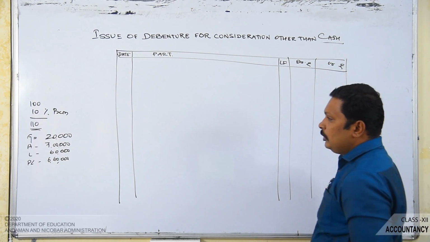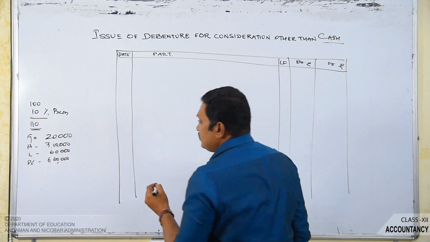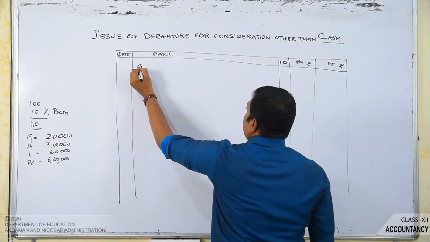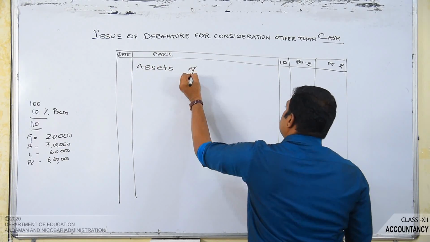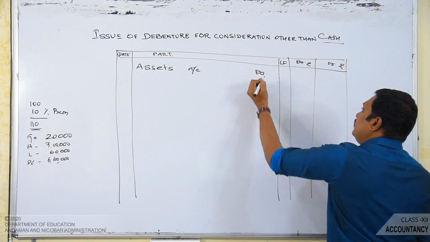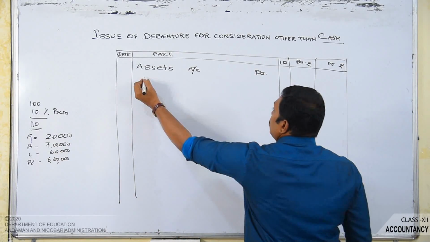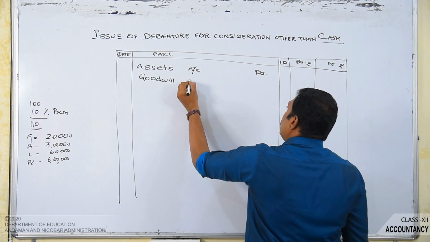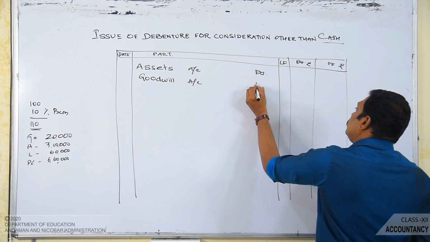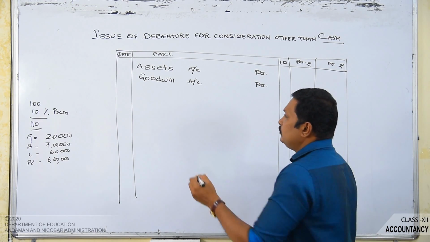All assets should be debited. What are the assets given? You write assets account debit. Goodwill is also an asset, so you have to debit goodwill account also.